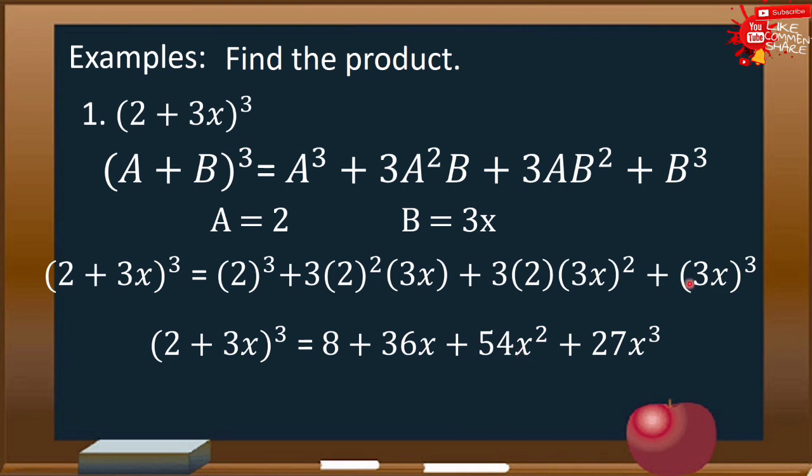Then plus the cube of 3x, so it means 3x times 3x times 3x. So 3x times 3x is 9x times 3x, we have positive 27x cubed. So therefore, the cube of 2 plus 3x is equal to 8 plus 36x plus 54x squared plus 27x cubed.